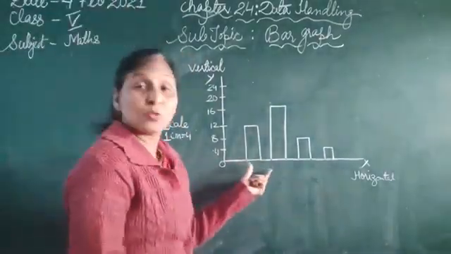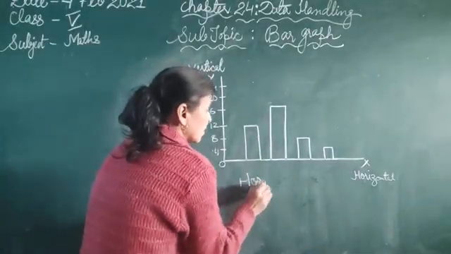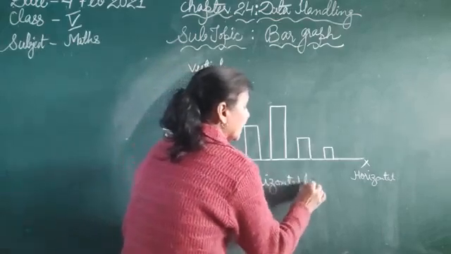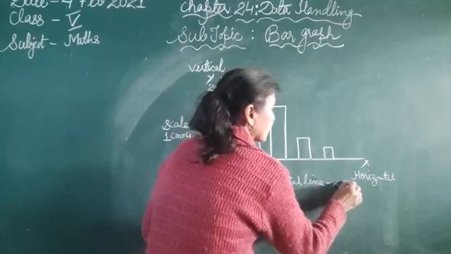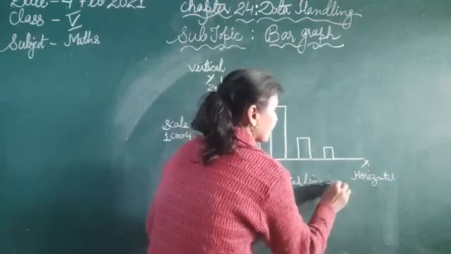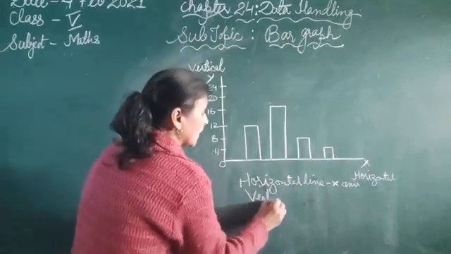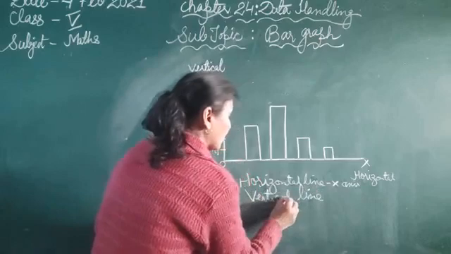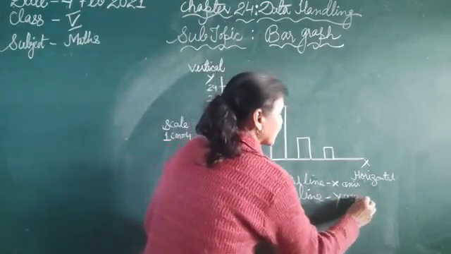Now students, you should remember that the horizontal line is the x-axis and the vertical line is the y-axis.